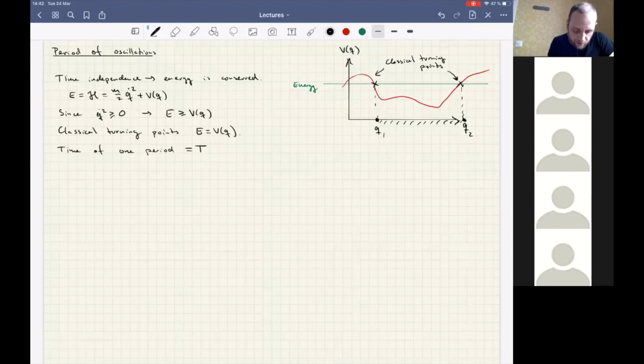And if I just compute half that time, it's going to be the time to go from q1 to q2. So that is a priori going to be given by the integral from q1 to q2 of dt.